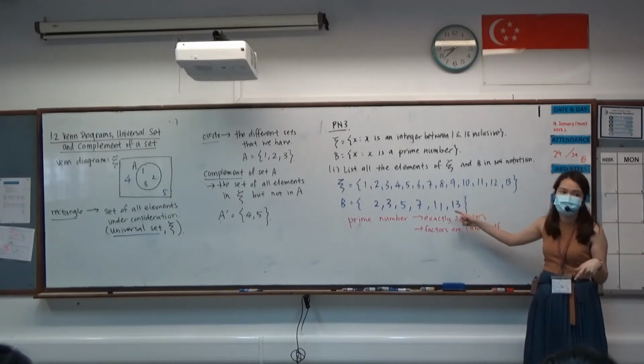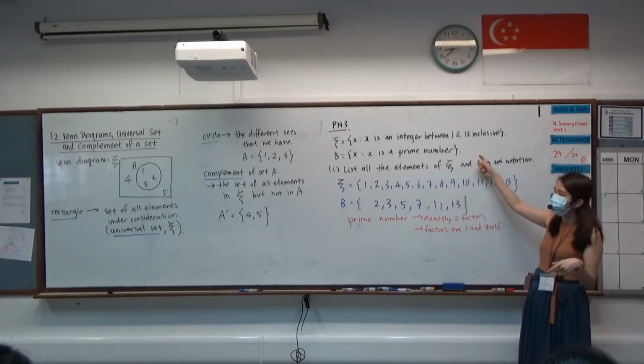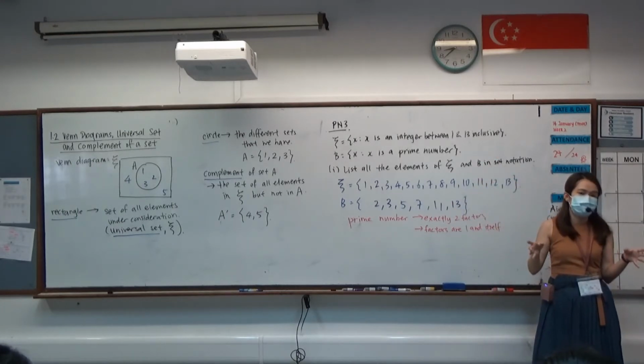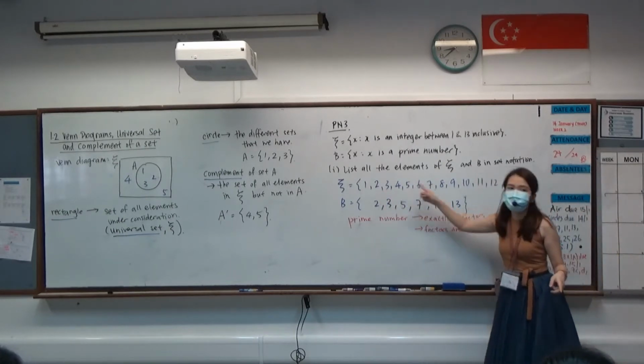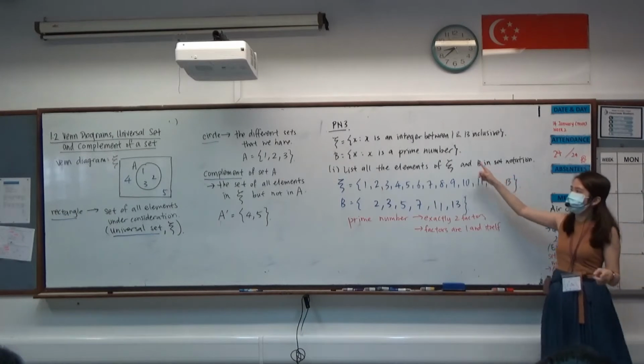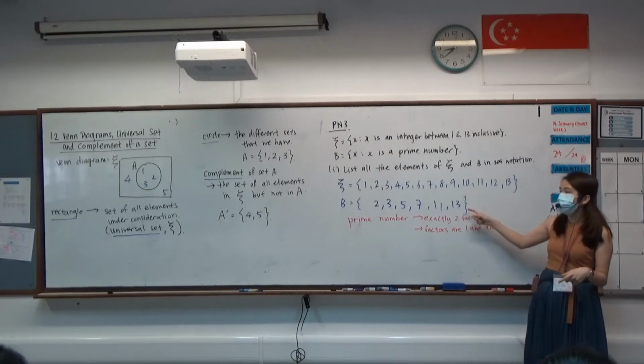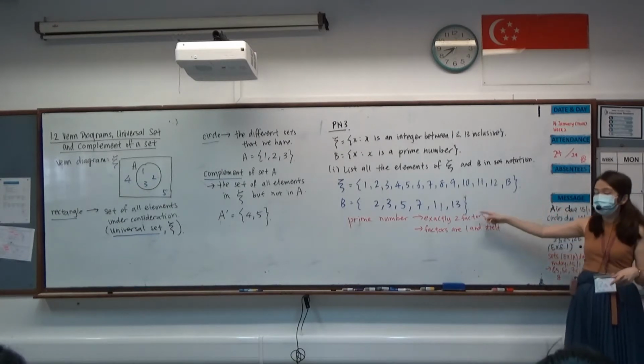It's because in this question, there is a boundary being set already about the universal set. So your boundary is limited by the numbers from 1 to 13. So whatever subsequent sets we're referring to is going to be bounded by the universal set. So that's why it doesn't go on endlessly. It will only stop at 13.